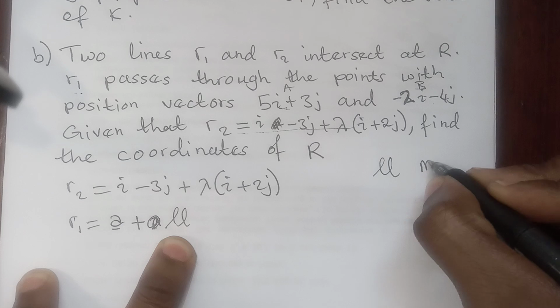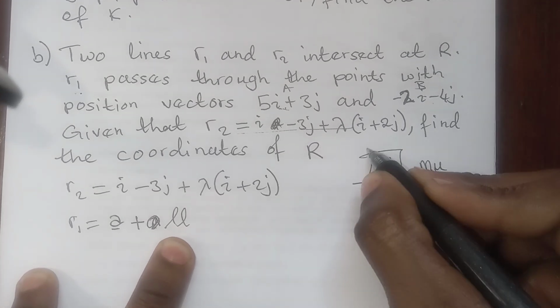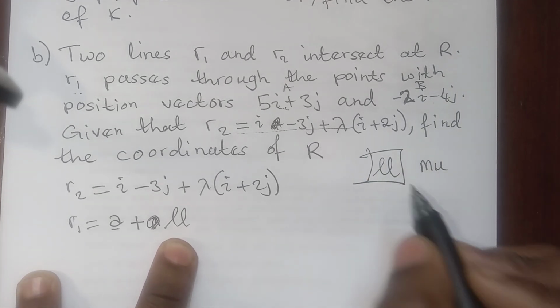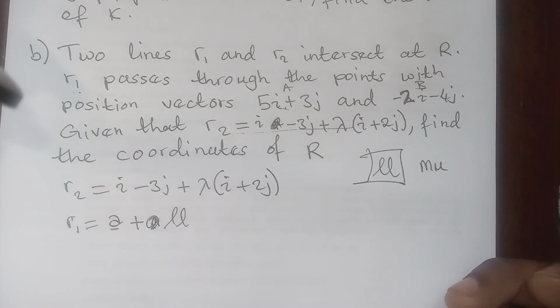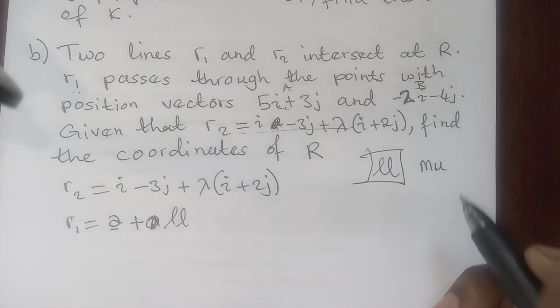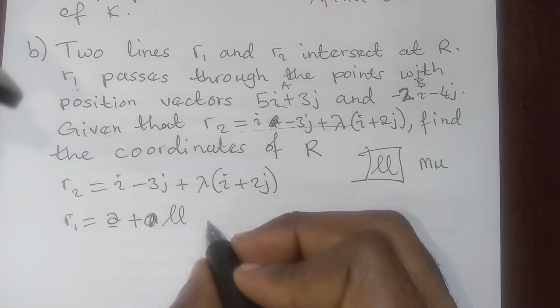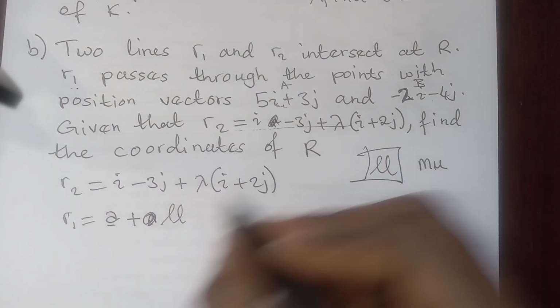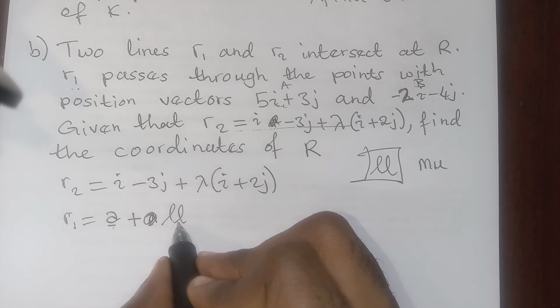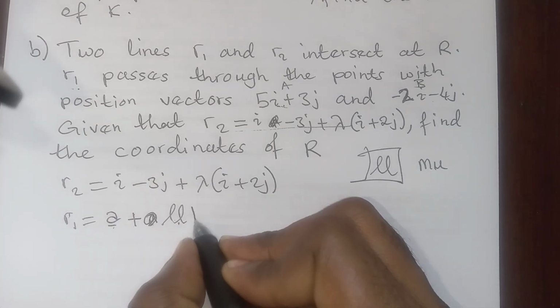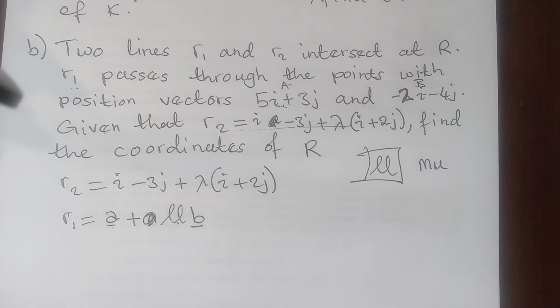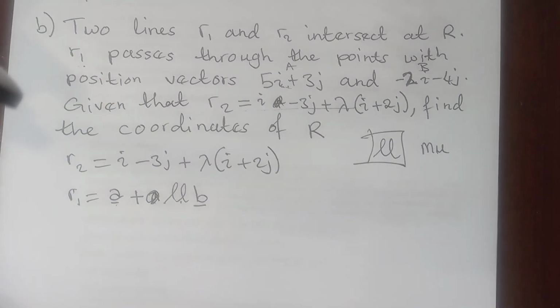Others will just say it's mu, but the Greek pronunciation is "mi". So you may hear me call it mu or mi. In most cases, I go with the original pronunciation. So we have A plus mu B, where B is the direction vector.